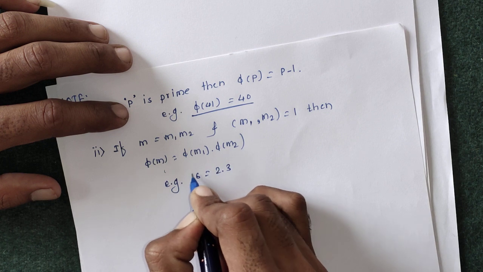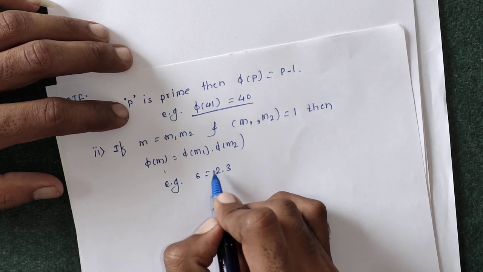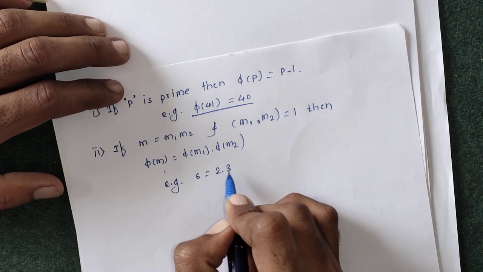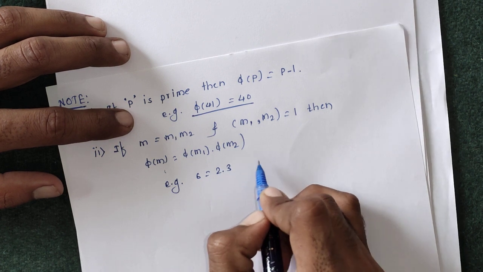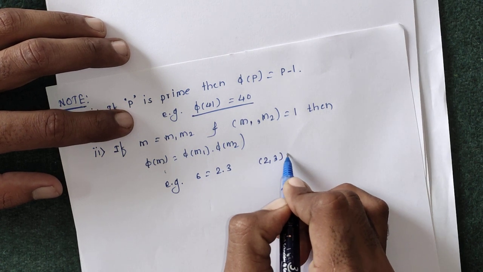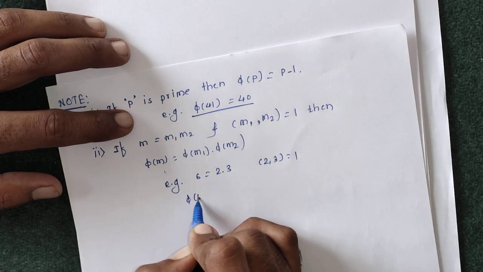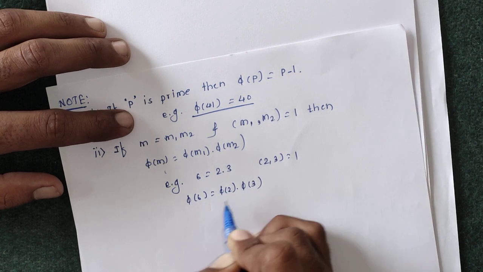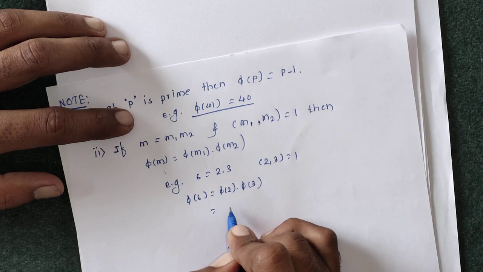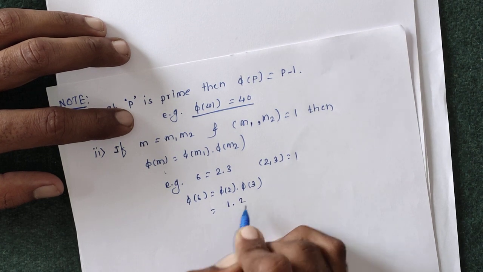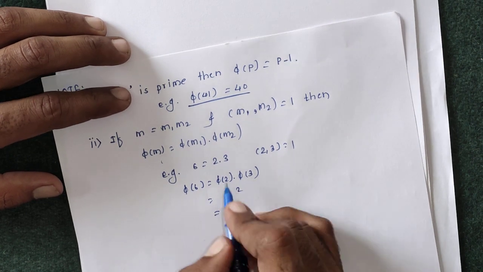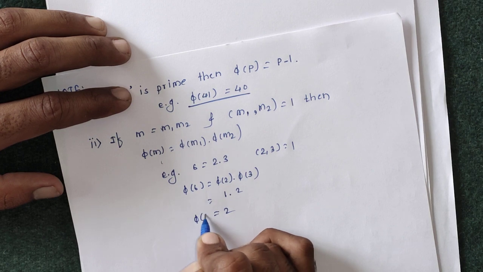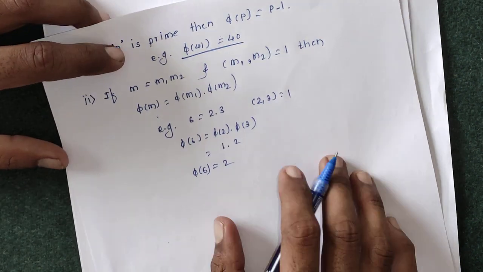Here we factorize 6 into 2 factors, that is 2 into 3, and clearly we can say that GCD of 2 and 3 is equal to 1. So to find phi of 6 we can use phi of 2 into phi of 3. Phi of 2 is 1 and phi of 3 is 2. So we get phi of 6 is equal to 2. We can use this note in this manner.